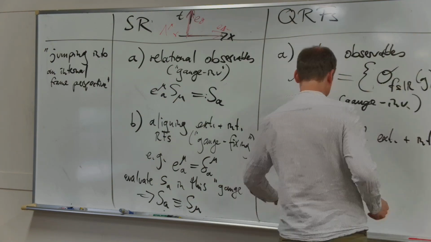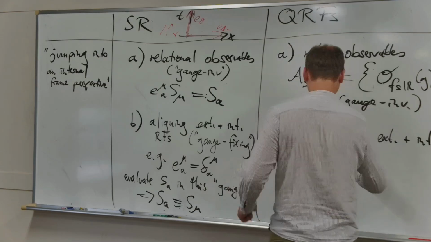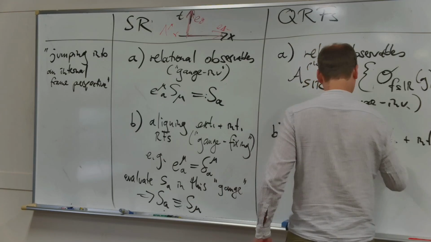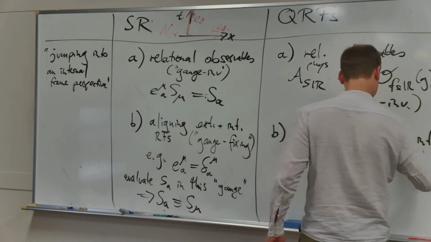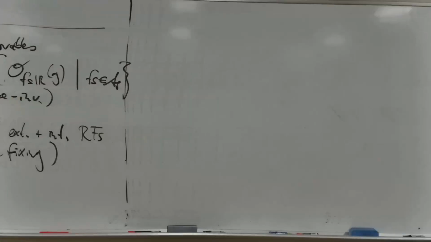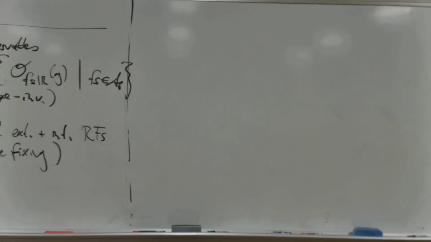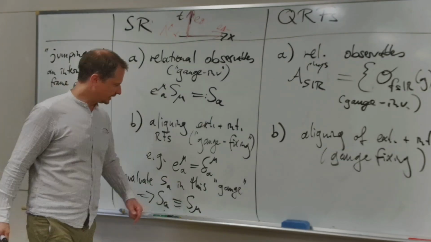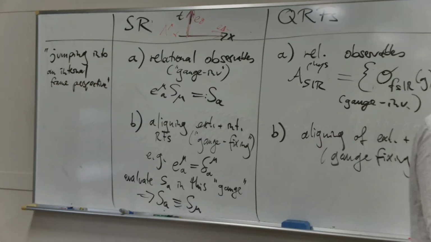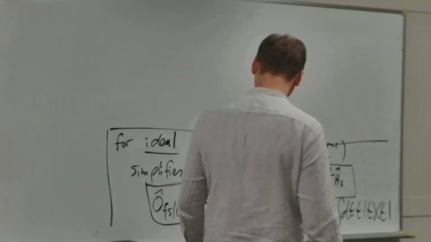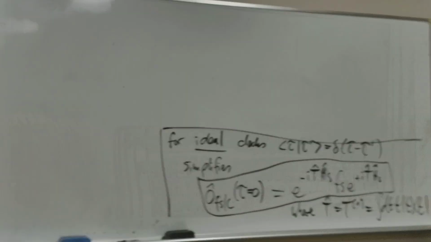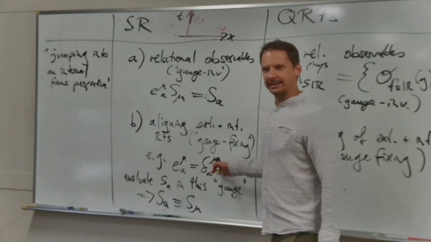Well, this is literally a gauge fixing. So what's the analog of this? The analog would be fixing the orientation of the quantum reference frame to be the identity element of the group.